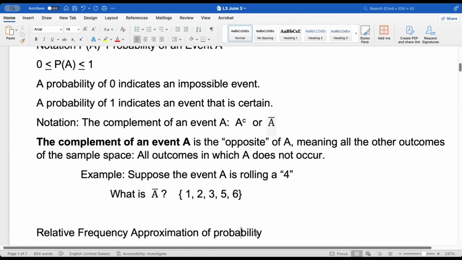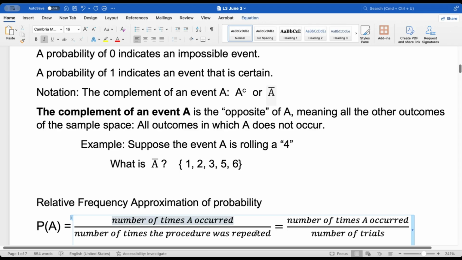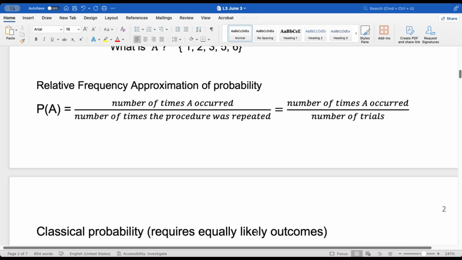Now, one approach to computing probability is using real world data, relative frequency approximation. The number of times A has occurred divided by the number of times the procedure was repeated, the number of times A occurred divided by the number of trials of the experiment.